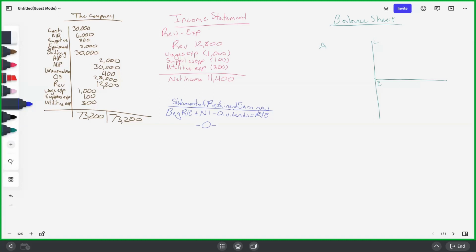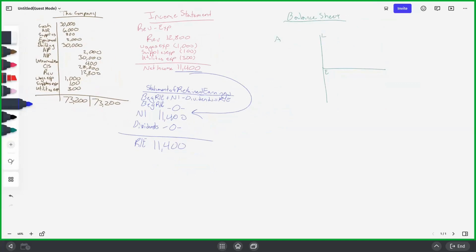Yes. Got it from the last one. What about dividends? Did we pay any dividends? Sometimes you just don't pay people. There's our new retained earnings.